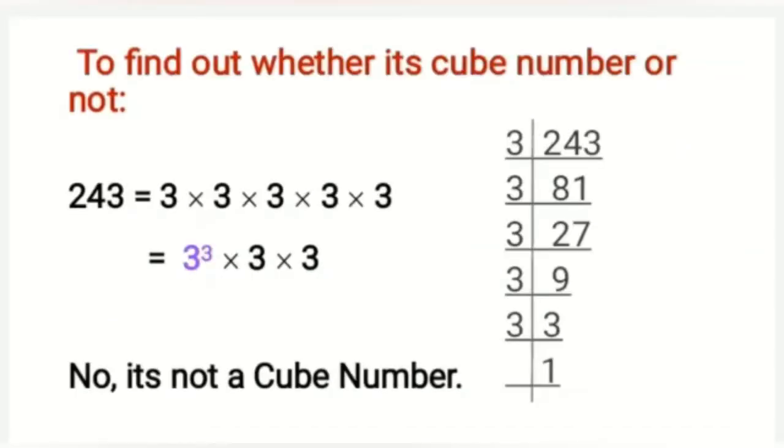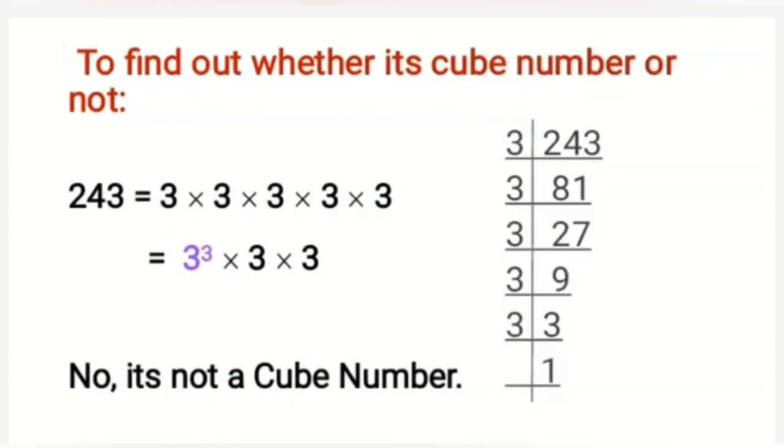And now students, we are going to learn to find out whether a given number is a perfect cube number or not. Let's see the example. I have 243. So first I will find out the prime factors. See, 243 is divisible by 3.